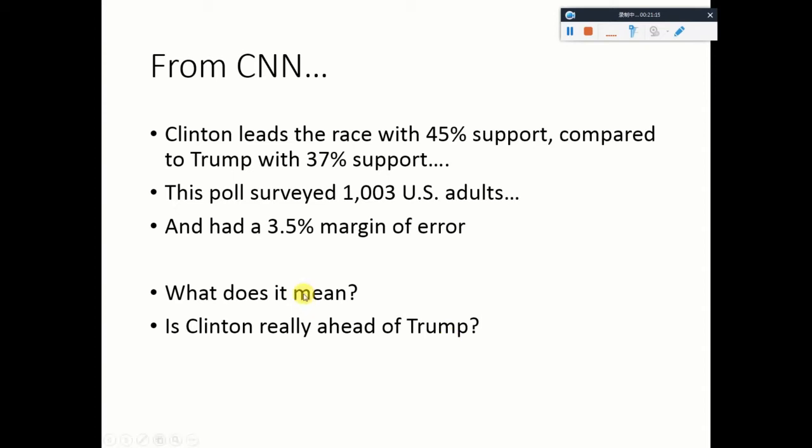Okay, so this has a lot to do with how we make statistical inferences, because first of all, there's no way that the entire country has only 1,003 voters.